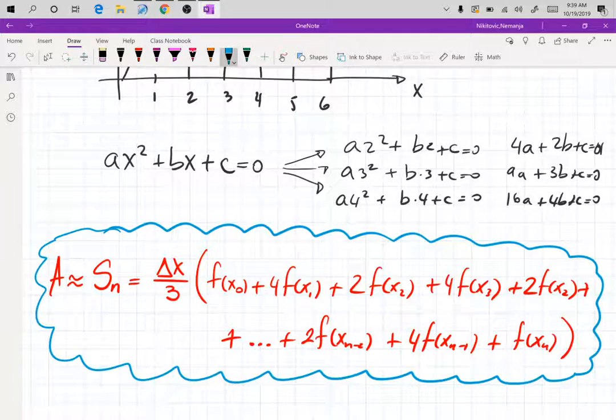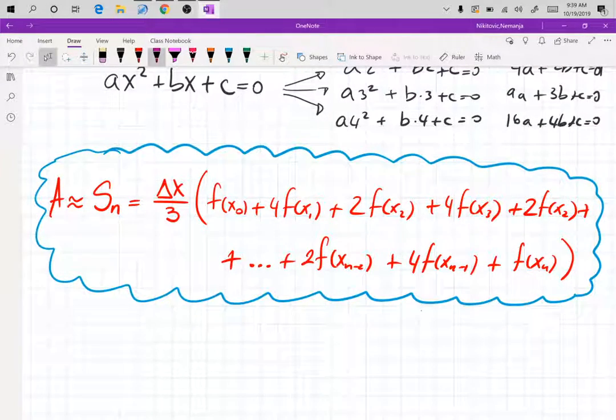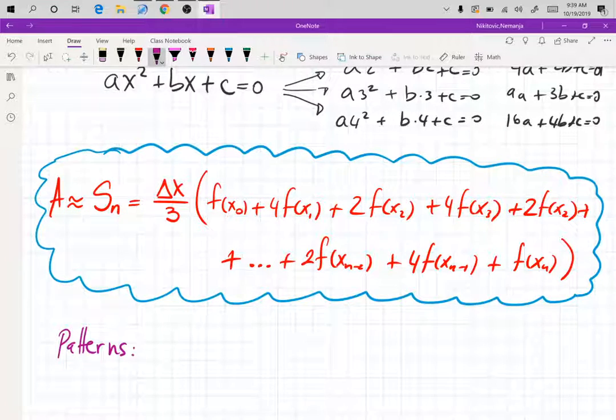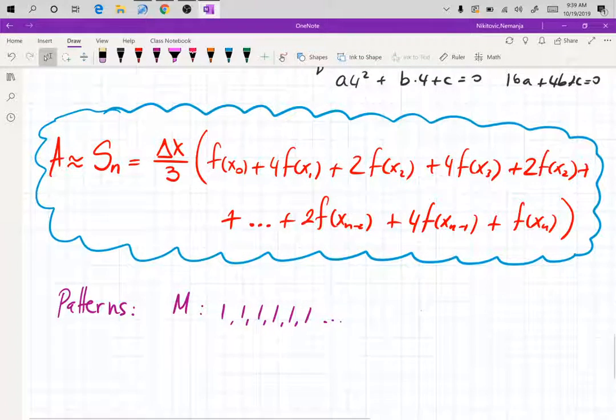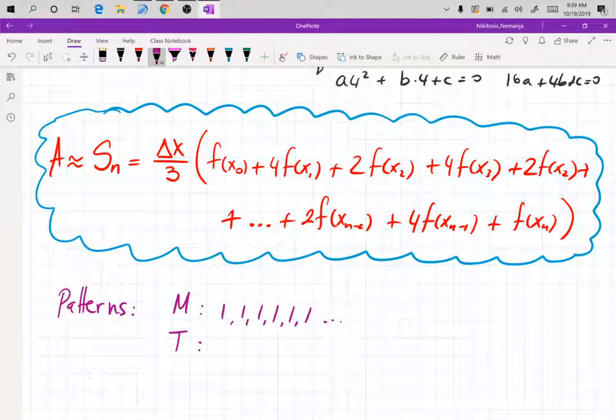So let me just put over here in purple, patterns. We have the midpoint pattern, 1, 1, 1, 1, 1. Then I have the trapezoid pattern, 1, 2, 2, 2, 2, 2, 1.